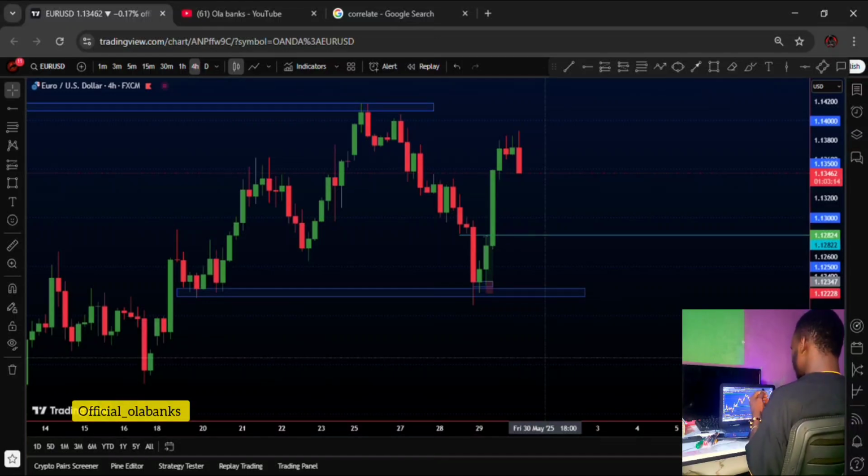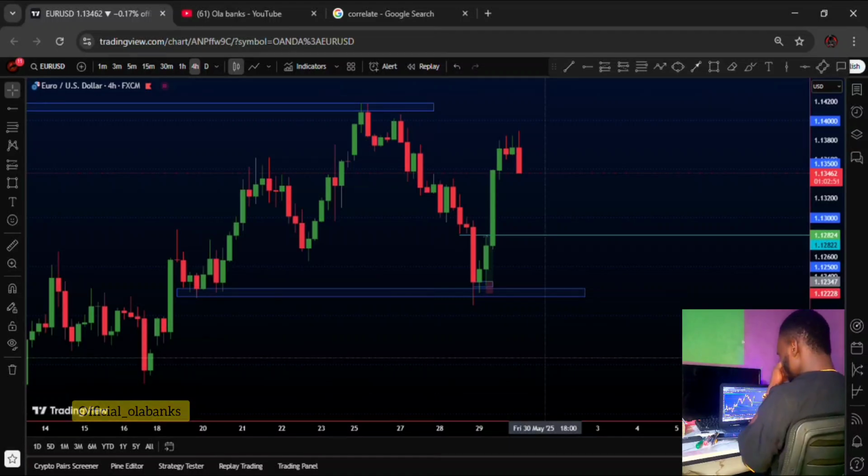Otherwise, like Euro USD or GBP USD, Euro is the base and USD is the quote. It means we are saying Euro should go up. As USD is going down, we are predicting the Euro to be going up, you feel me?